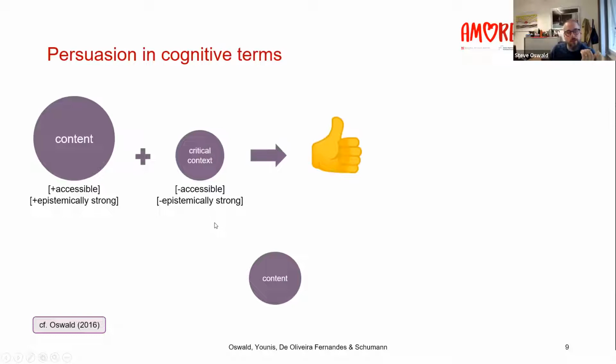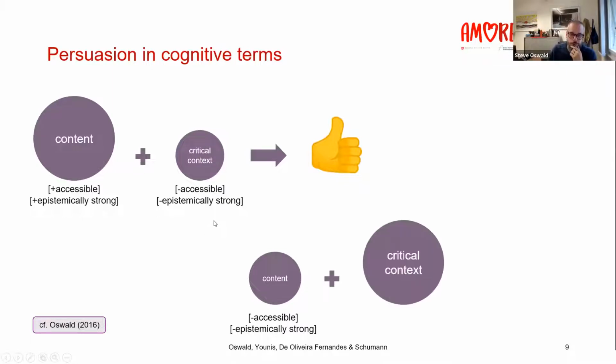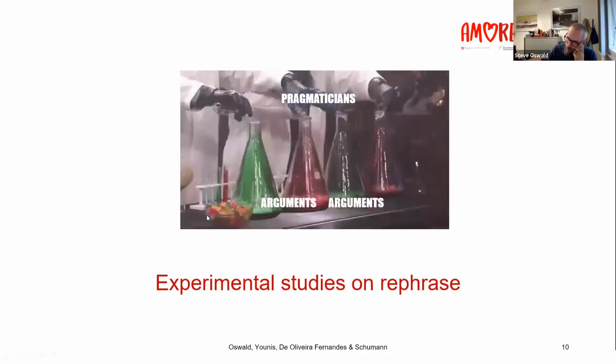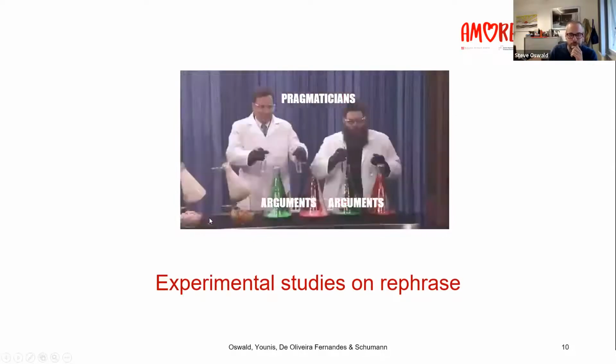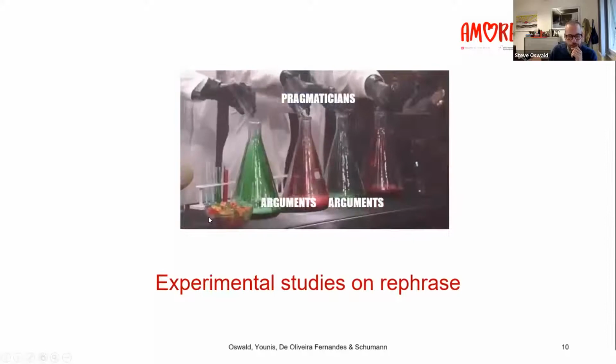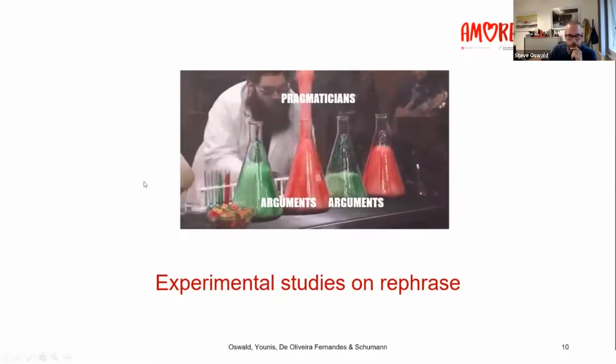If, on the other hand, everything else being equal, of course, the content is not very accessible, say maybe difficult to understand or cryptic or whatever, and epistemically weak, that you judge it to be epistemically weak, within a context that is actually highly accessible and epistemically strong, then persuasion should not work. That's for the model. Let's see now what we have tried to do to see whether that can be met. That's an idea that can translate into experimental results.